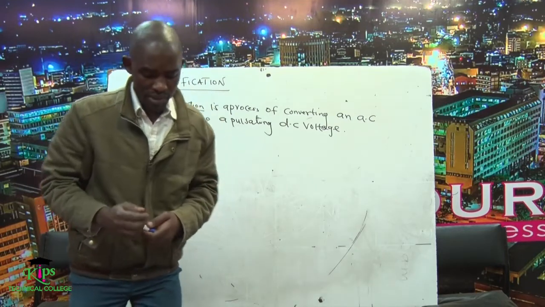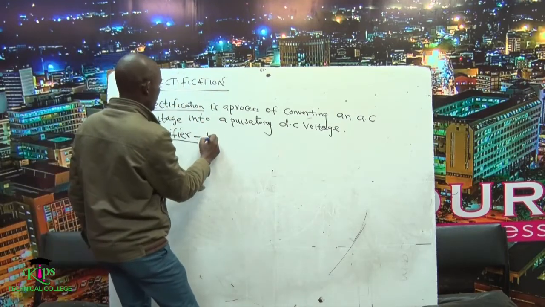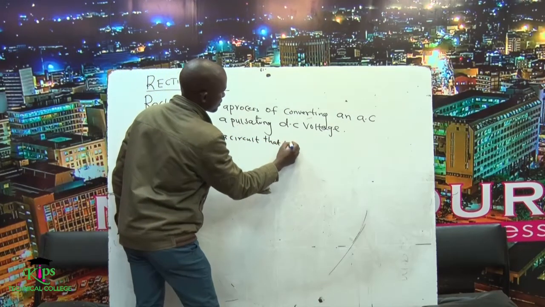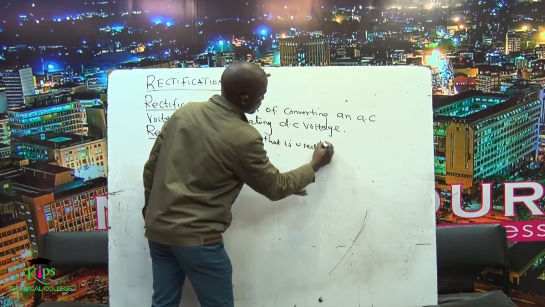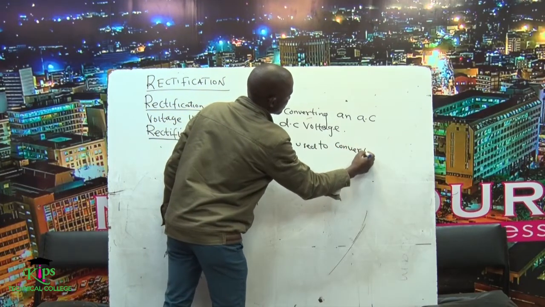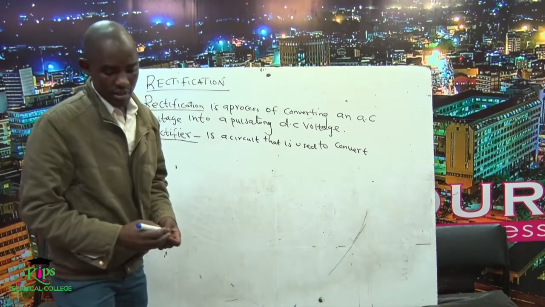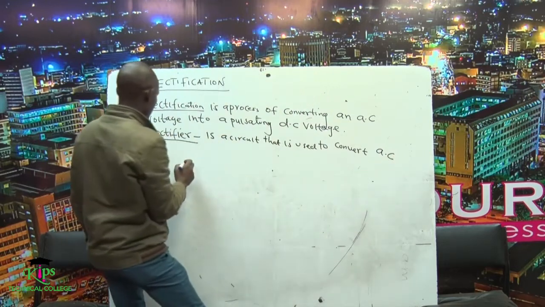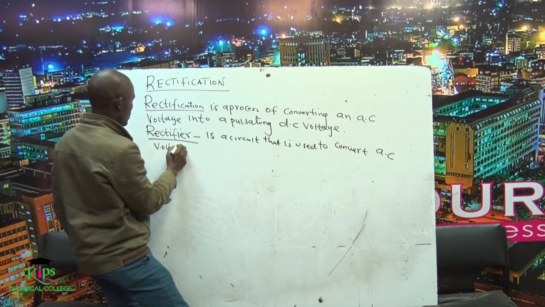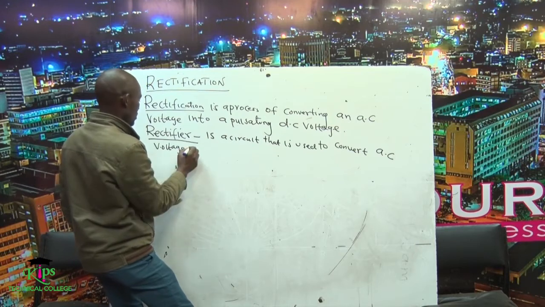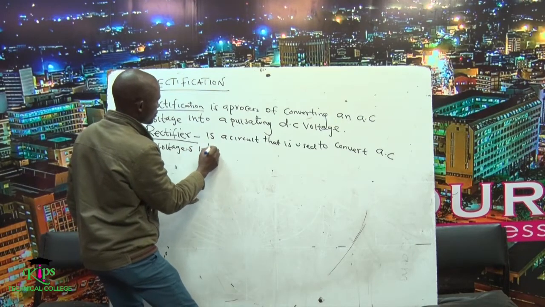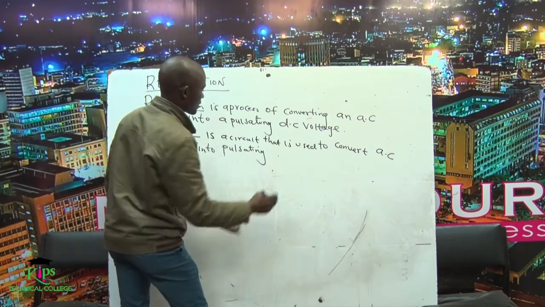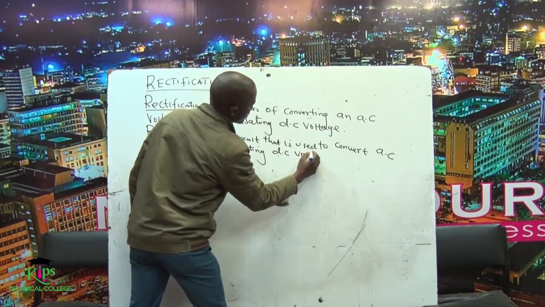So what is a rectifier? A rectifier is a circuit that is used to convert AC voltages into pulsating DC voltages.